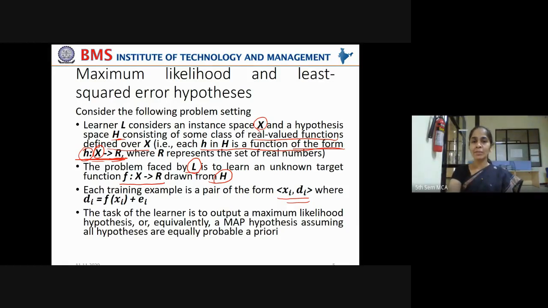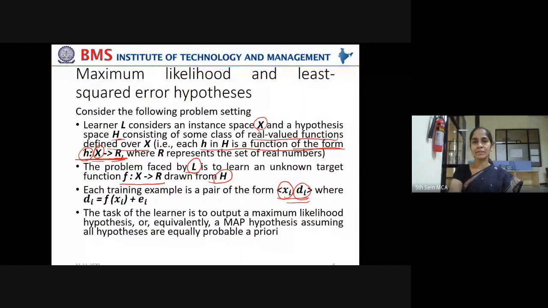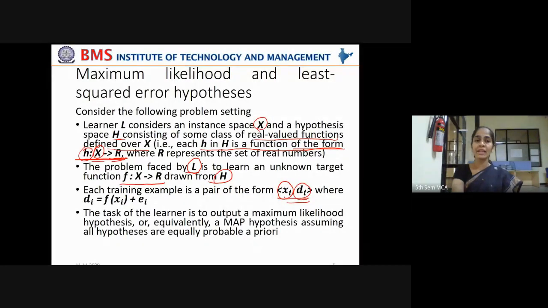Each training example is a pair of the form xi, a training example with a set of attributes, and di, that is your target. Now how is the target calculated? di is equal to f of xi plus some error associated with it.